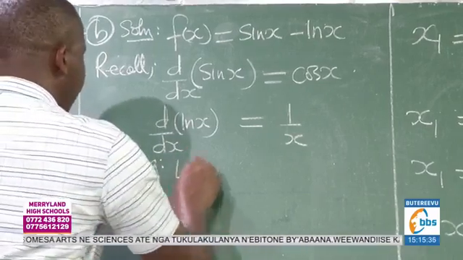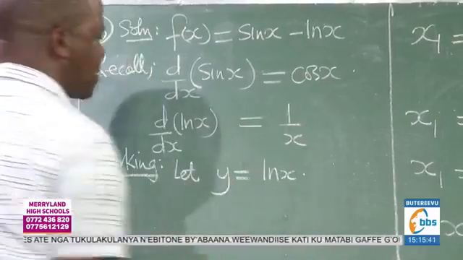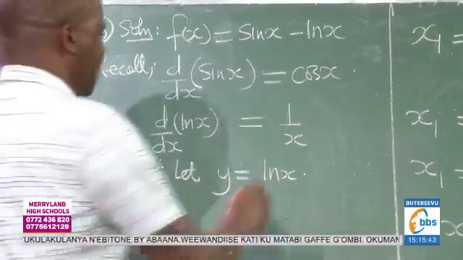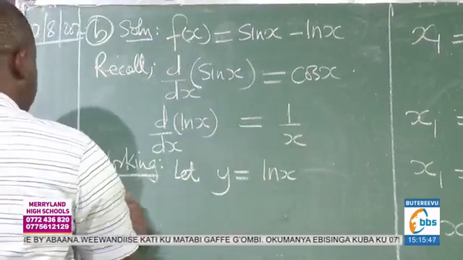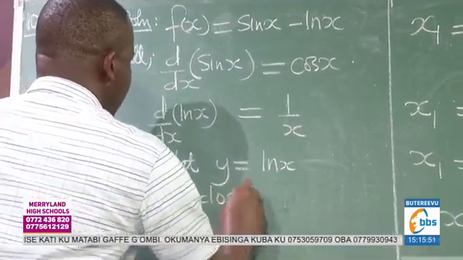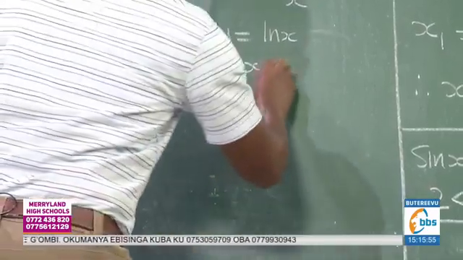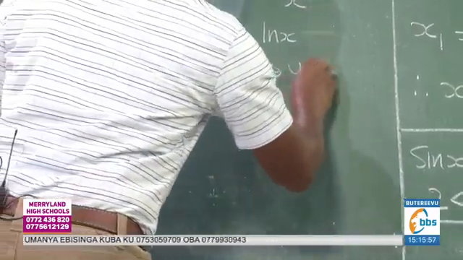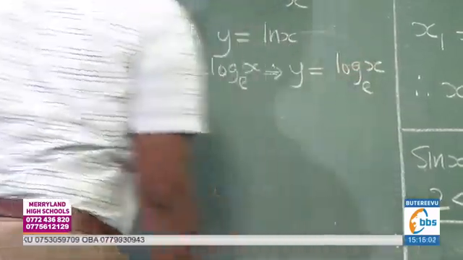I will let y be equal to ln of x. But ln of x is the same as natural log. It's the same as the log to the e of x. And therefore my y is equal to the log to the e of x.